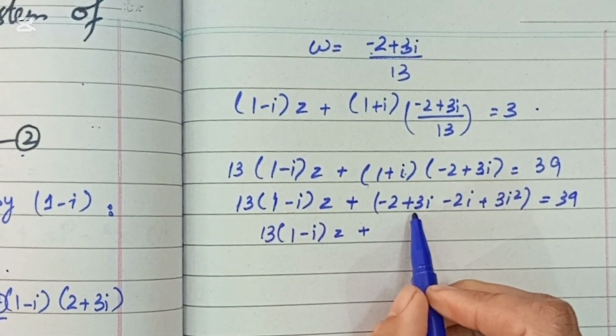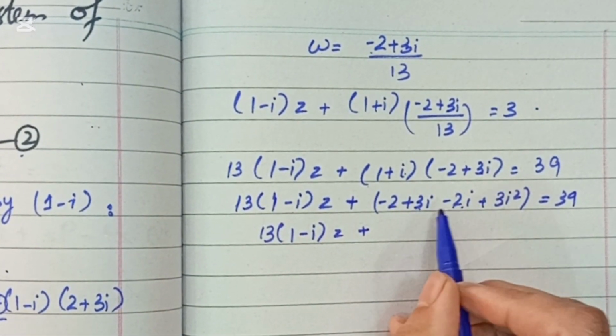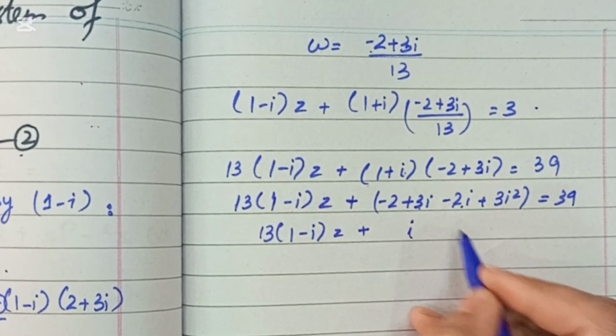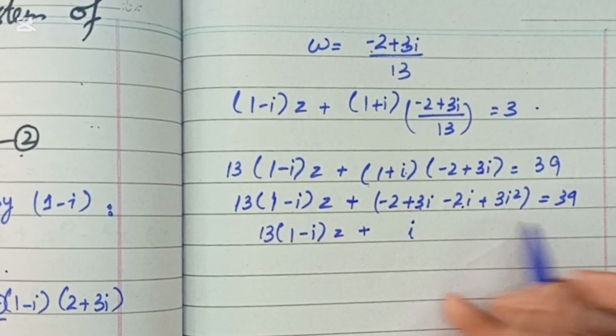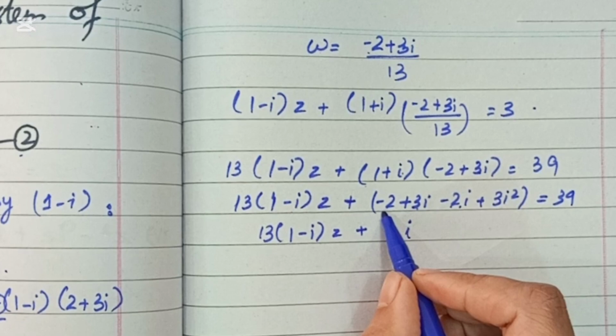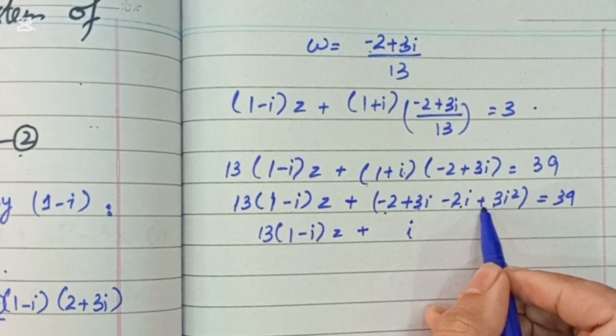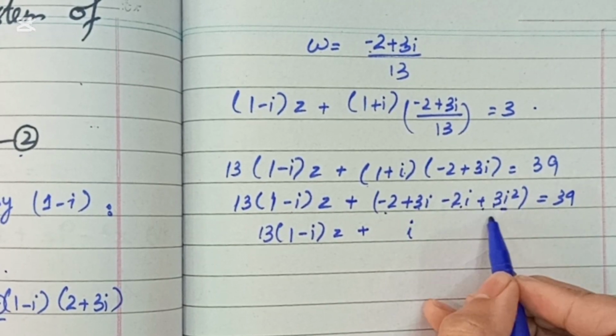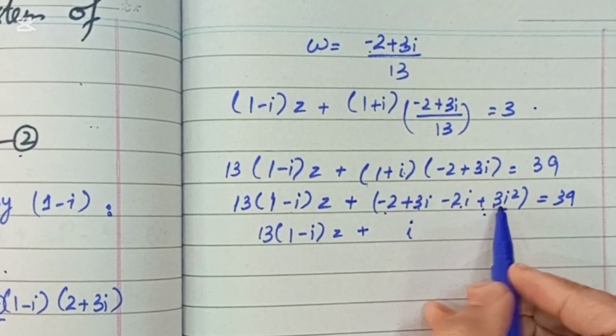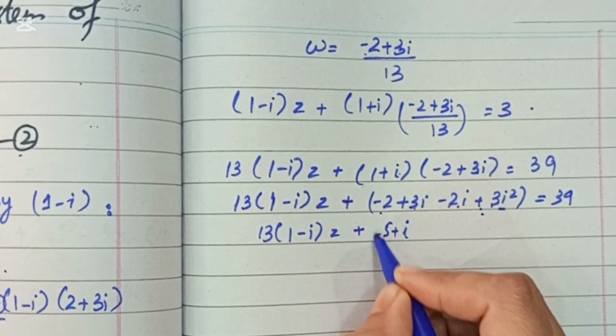Okay, so here it's 3 iota minus 2 iota, which is iota. Answer will be 1, and it is iota. Minus 2 plus 3, it's minus 3 because iota square will change the sign. So minus 2 minus 3 is minus 5.